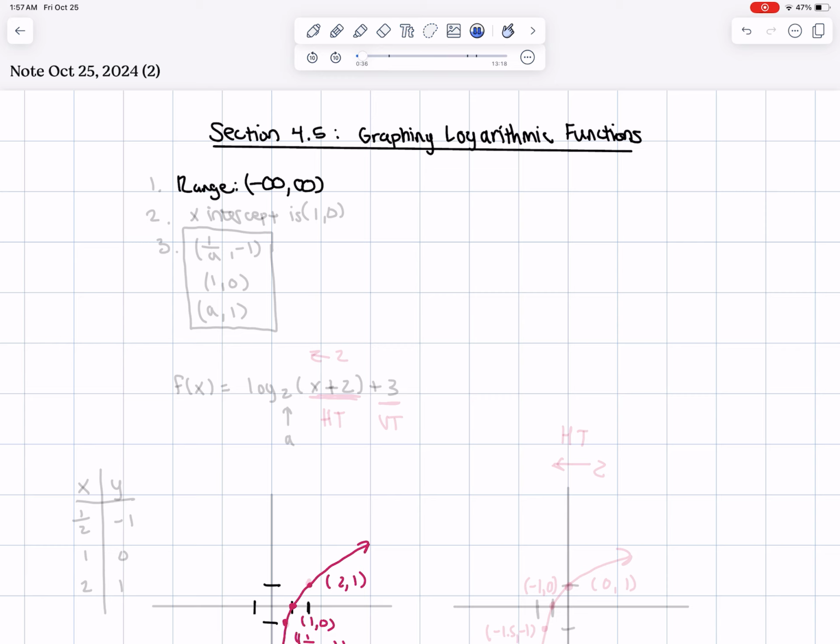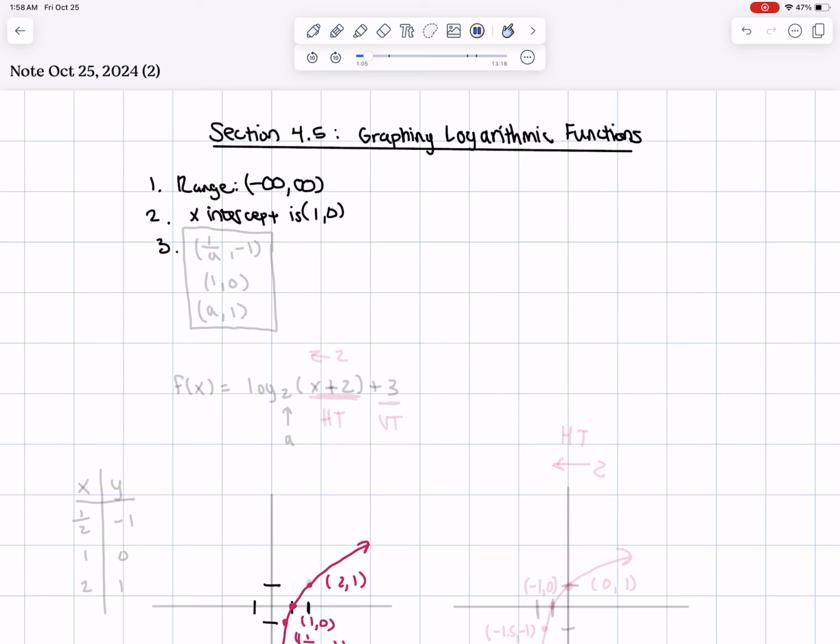And the second thing, so this is number one, the second thing is that there's no y-intercept. The x-intercept is (1, 0). And the last one is the graph contains the points (1/a, -1).